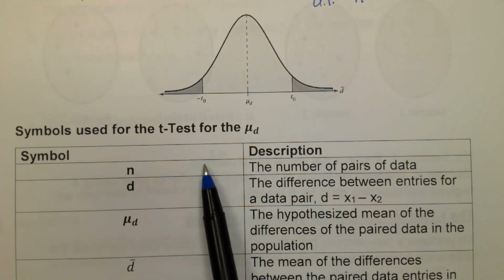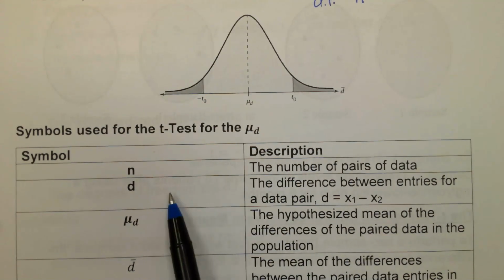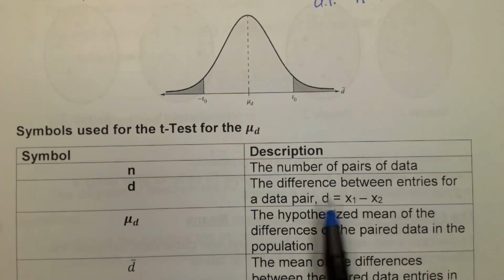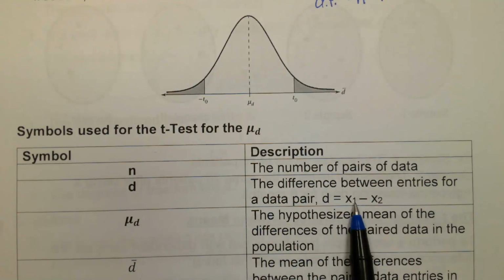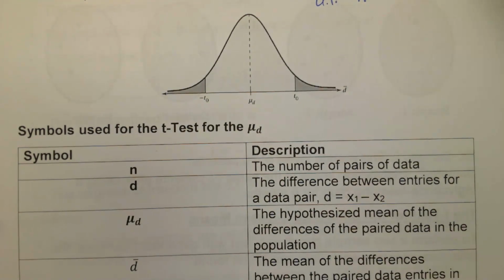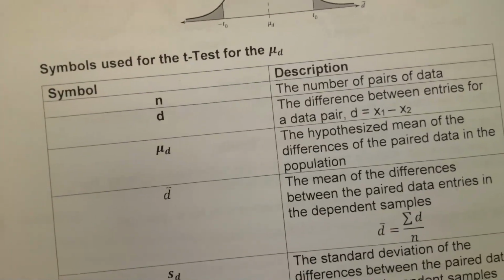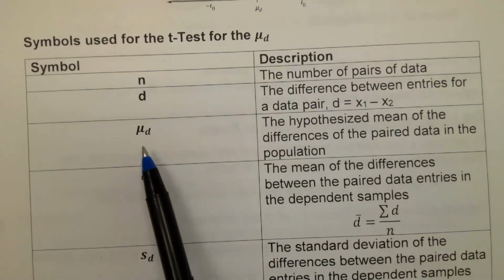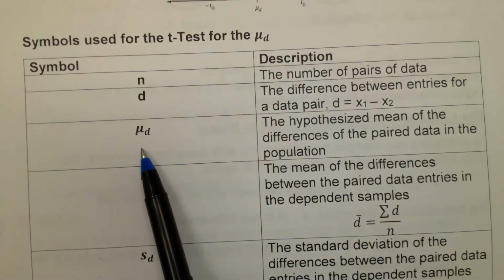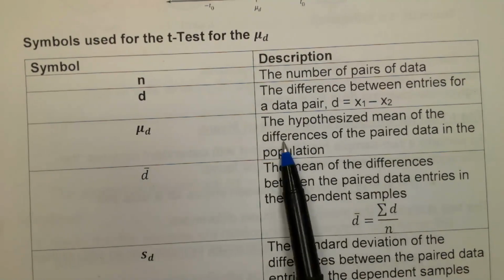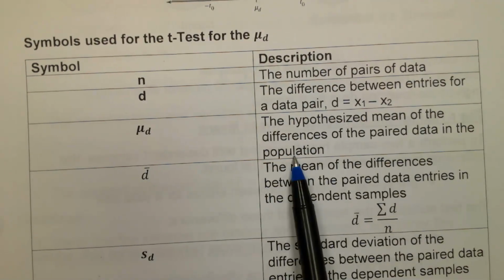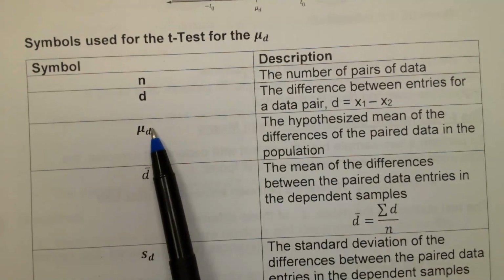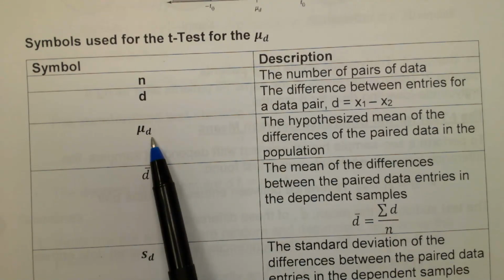I want to make sure you don't look at them as individuals, look at them as pairs. d is the difference between entries for a data pair. So to get that, we do x1 minus x2, and we'll see what that looks like in a minute. Then mu d is our hypothesized mean of the differences of the comparative data in the population. So this is pretty much the claim. Okay, look at it as a claim.